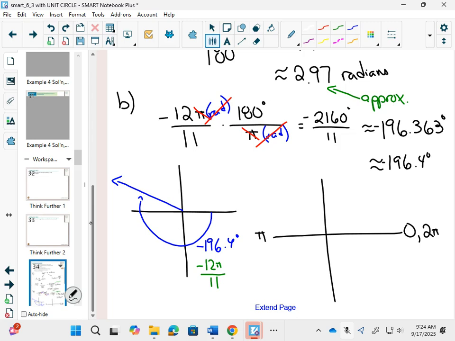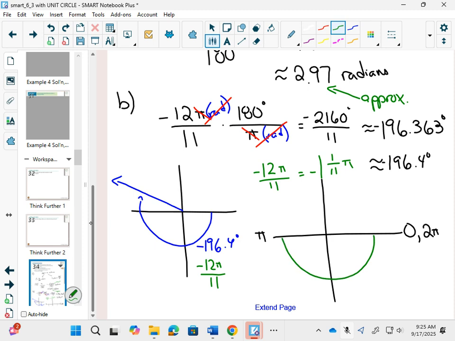Can you see that negative 12 over 11 pi, negative 12 pi over 11, as a mixed fraction would be negative 1 and 1/11 pi. The negative 1 pi would get you there.